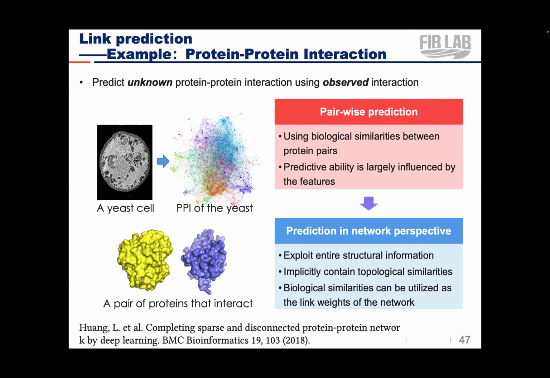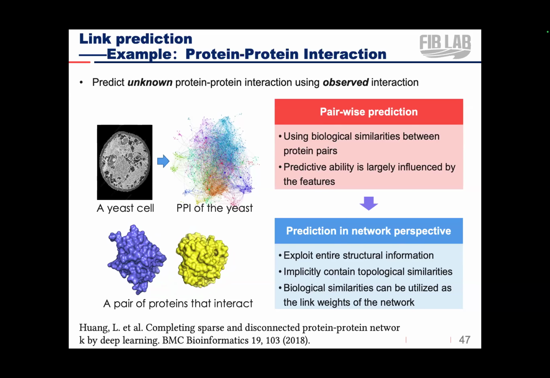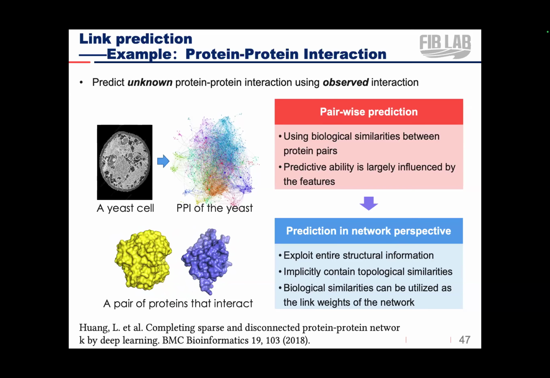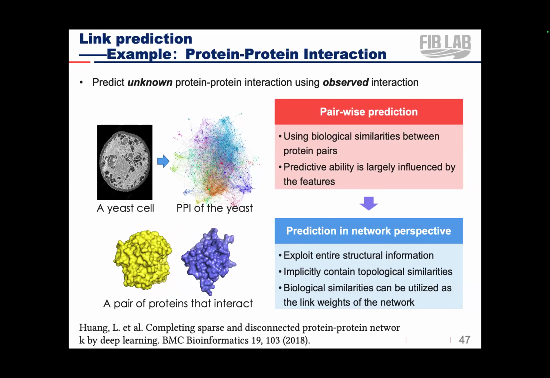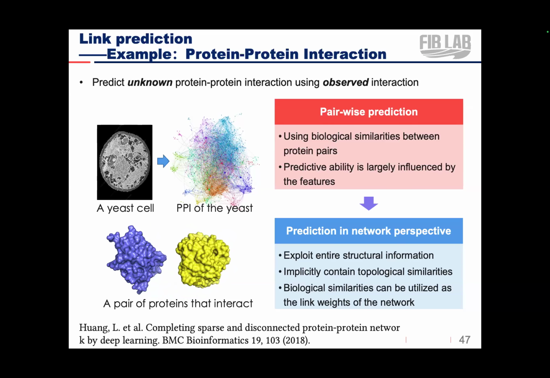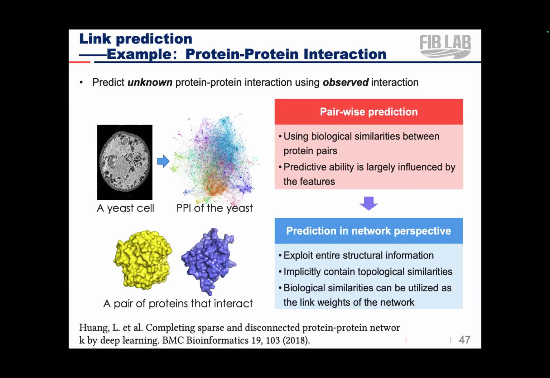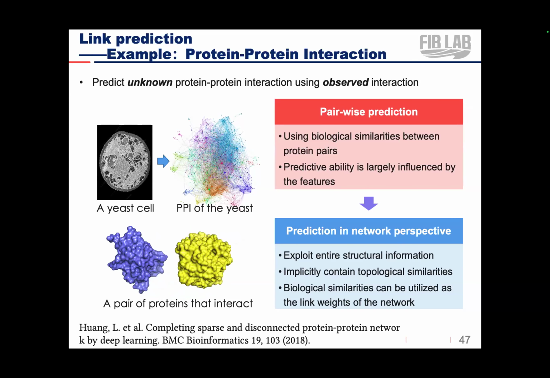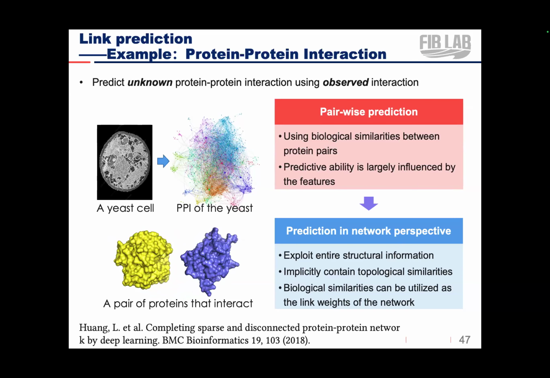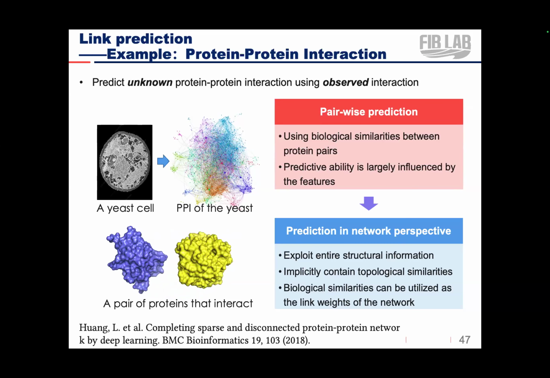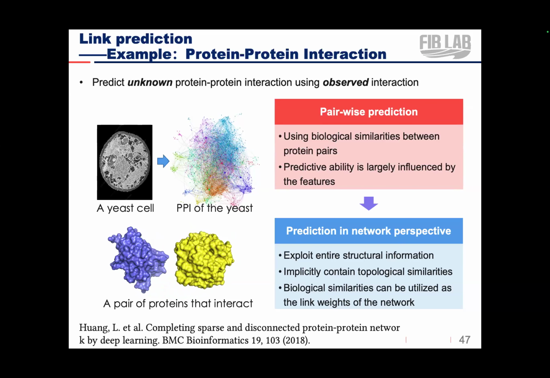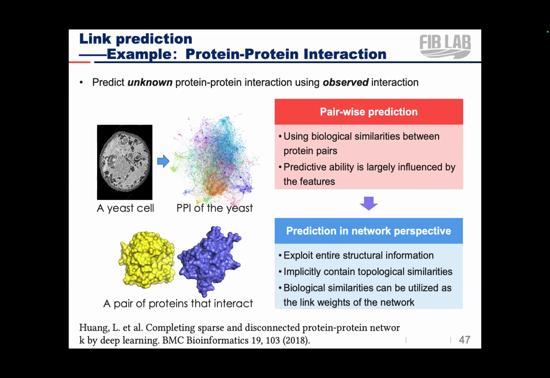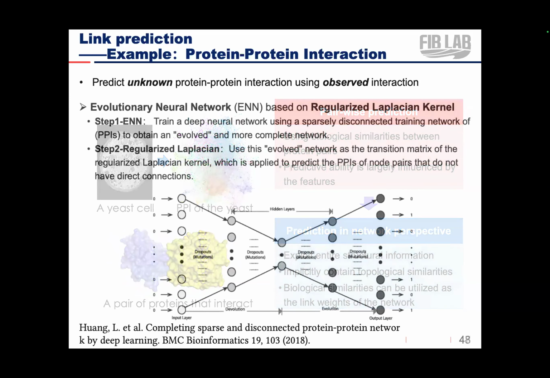But fortunately, we can predict the interactions from the network perspective. We can exploit the entire structural information, which contains topological similarities implicitly. Moreover, the biological similarities can also be used as the link weights of the network to facilitate the prediction task.